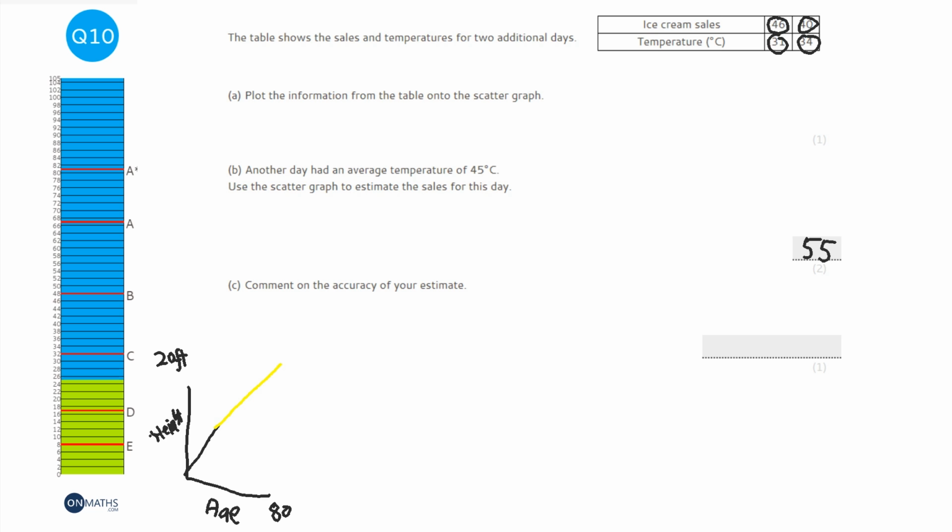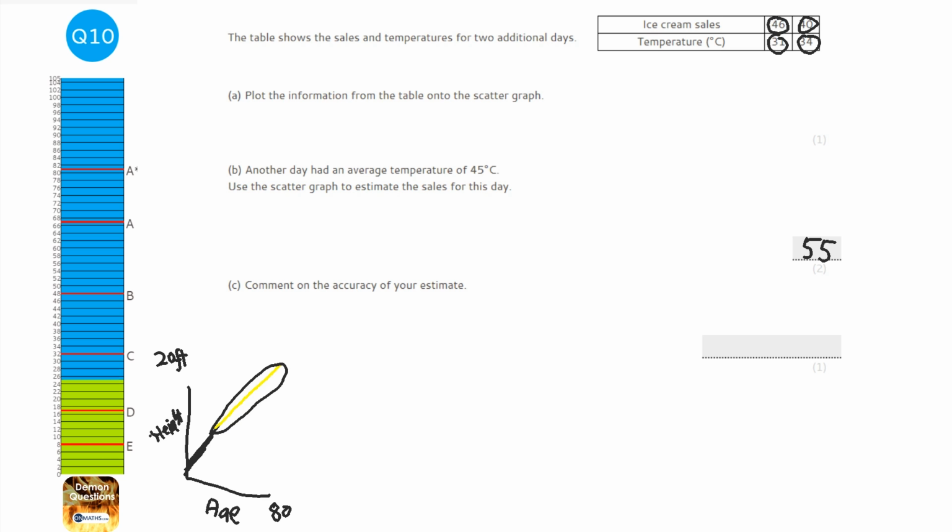It's because we're quite confident with down here because we've got data for that, but we're not very confident with this bit here. We don't know whether the trend continues. Now, with ice cream sales, if it's ridiculously hot, no one's going to leave their house. They're all going to be sitting inside with their air conditioning or sitting in their car with their air conditioning. So we know it probably won't continue.